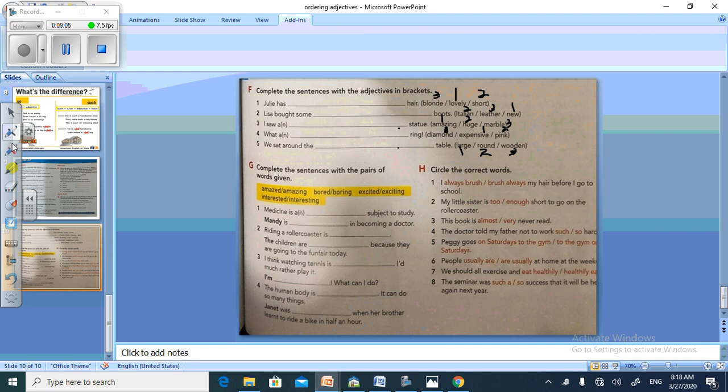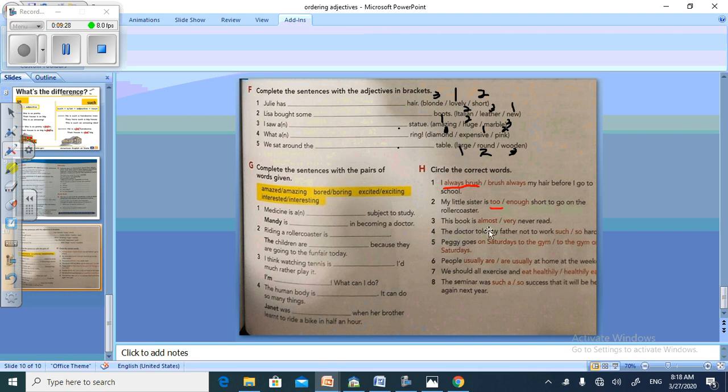So here we can say always brush. My little sister is too short or enough short? Too short. Why? Because we said that too comes before the adjective, but enough comes after the adjective. So it's too short to go on the roller coaster.